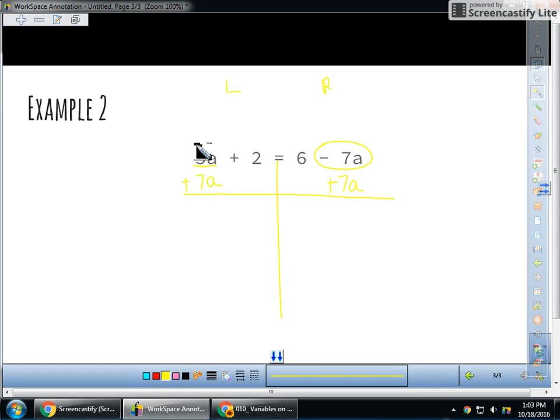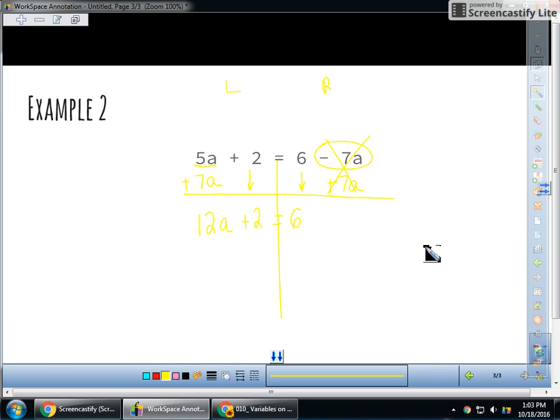Go back to the left-hand side of my equation. 5a plus 7a is 12a. I bring down my plus 2. I bring down my equal sign. I bring down my 6, and my 7a's go away. Now I need to move all of my constant terms to the right-hand side.